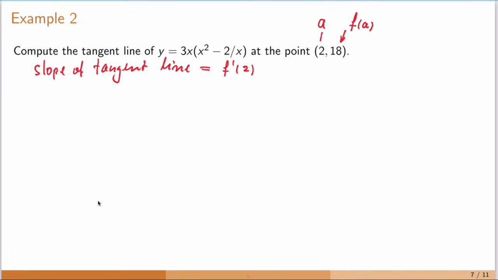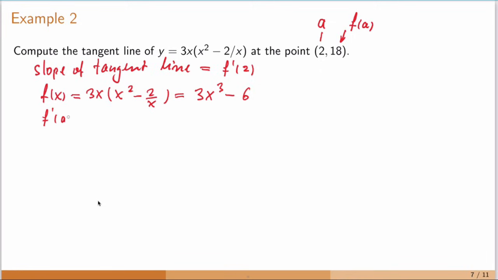Now, before I compute the derivative, I like to simplify this function just a little bit. So we have f of x is 3x times x squared minus 2, divided by x. And I just multiply out the 3x. So then we have 3x cubed minus 6. Right, the x's cancel. And now I use my definition for the derivative.